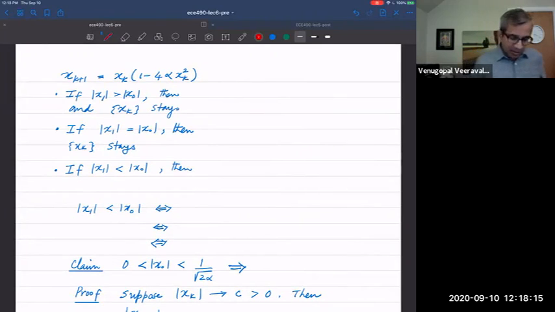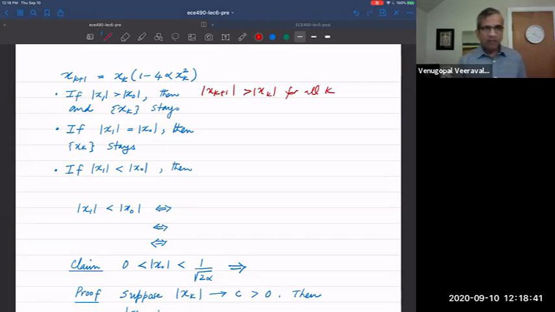By the fact that this recursion holds at every step, if it so happens that x1 is bigger than x0 in magnitude, then the same should hold for all k because it's a recursion, right? So then xk plus 1 should have a larger magnitude than xk for all k.